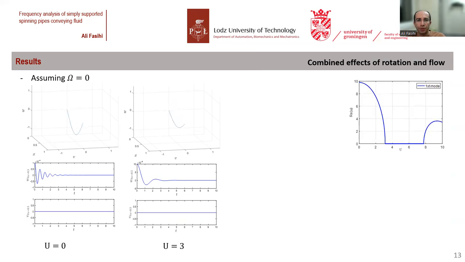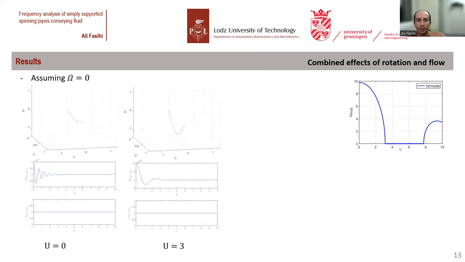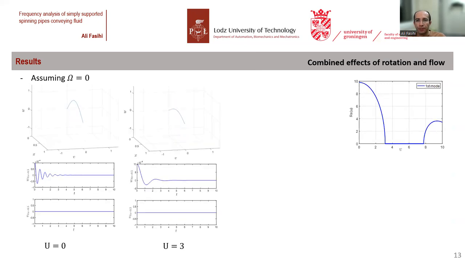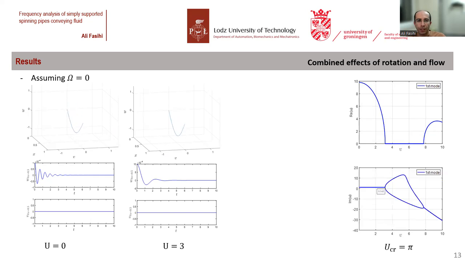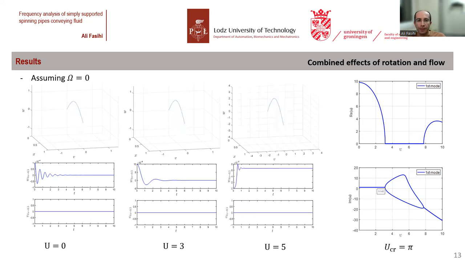Frequency analysis shows that the frequencies decrease with increasing flow velocity. Numerical simulation also confirms that. The figure of the imaginary part shows that for flow velocities higher than the critical speed, the zero position is unstable. At these speeds, the system is stabilized at a non-zero position.